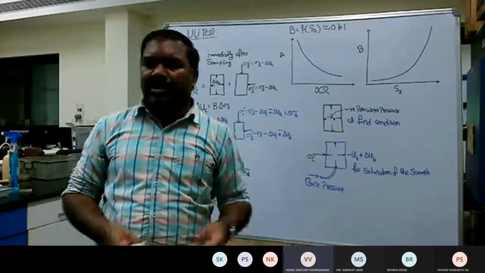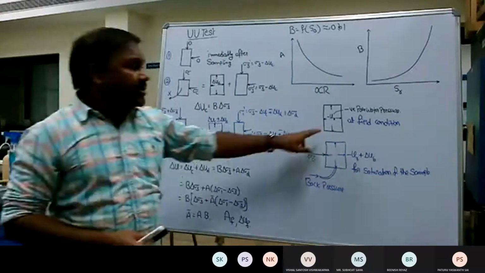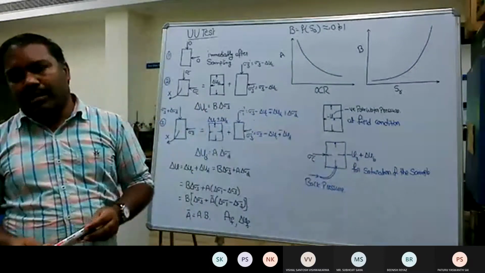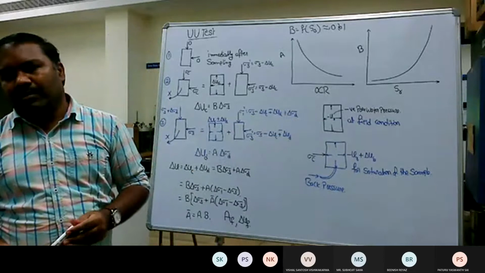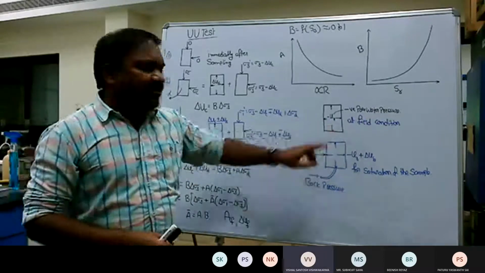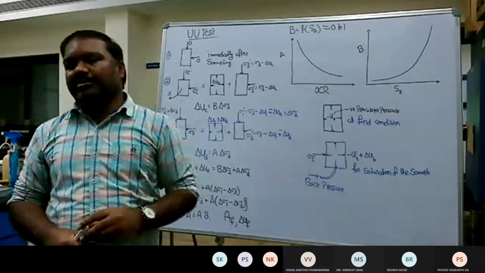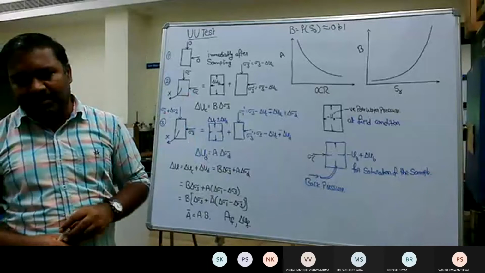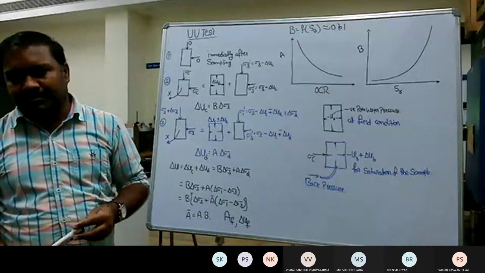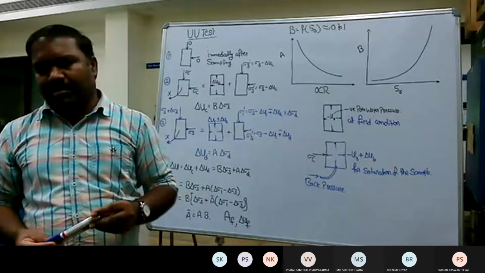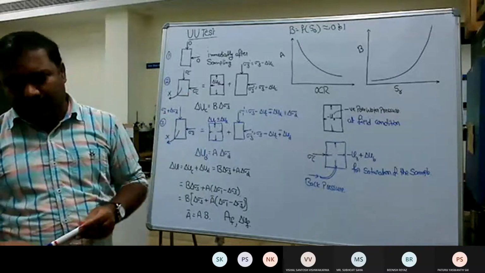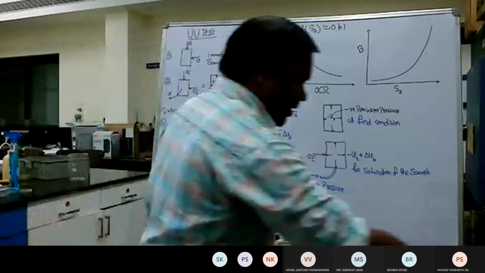Once it is saturated, then where else is this negative pore pressure coming into the picture? That is when the sample is in a free state, not in the triaxial testing condition. Okay, sir.